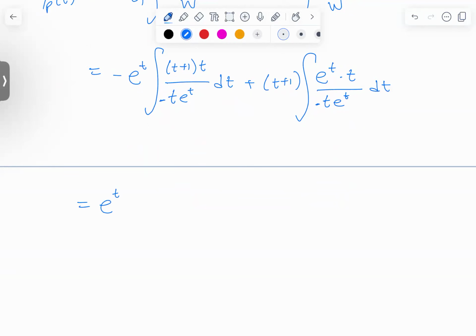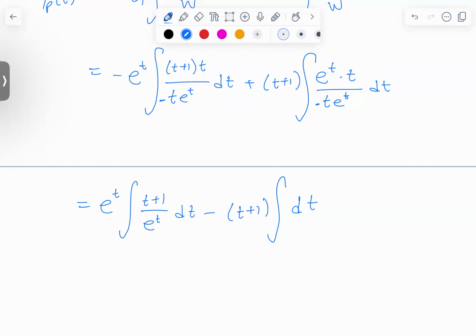E to the t. All right, the t and that one cancel. So now we've got some t plus 1 all over e to the t. Actually, this becomes a negative because of that negative. The t's cancel. It's like my favorite integral ever.